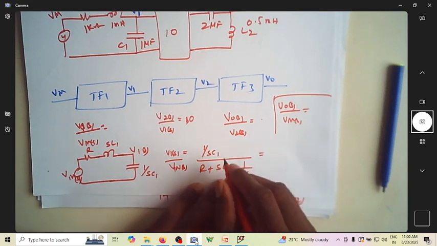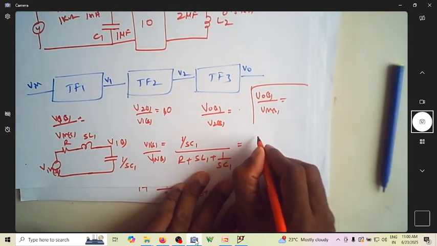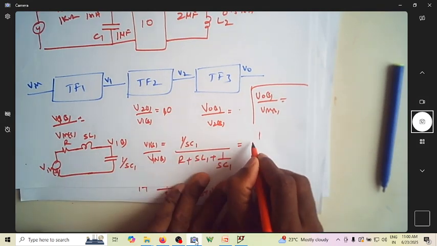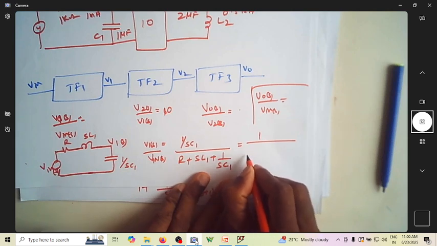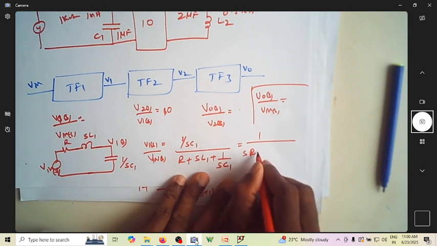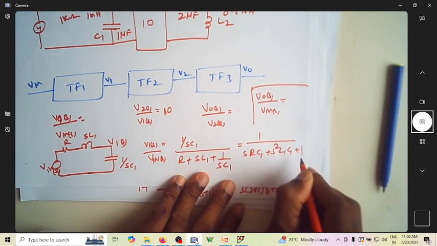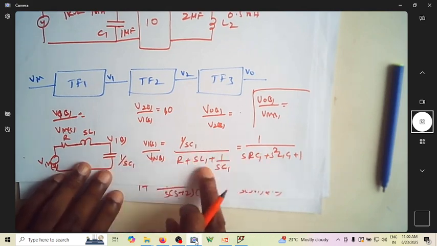Now if I take the LCM, then it will be 1 over S squared L1 C1 plus SRC1 plus 1. That's the transfer function of this.